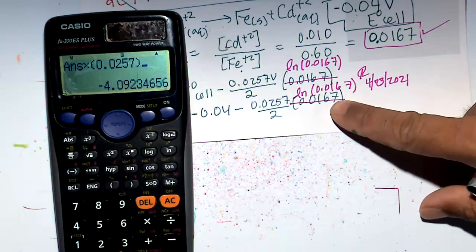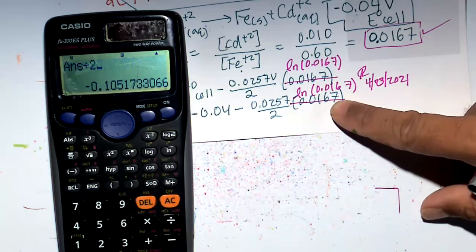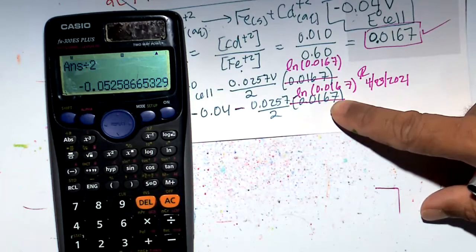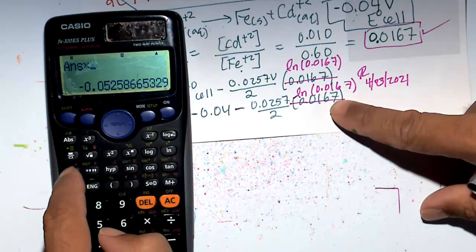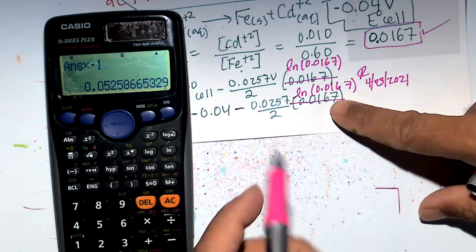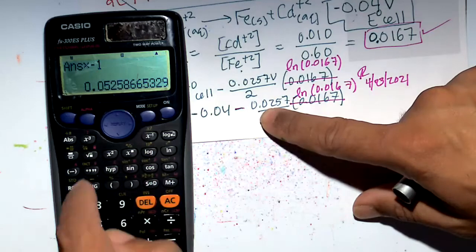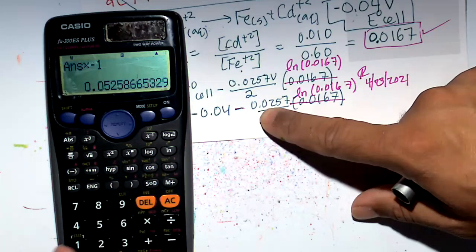I'll close those parentheses, divided by 2. But you see I have a minus sign here. So minus into a minus becomes plus. So this becomes minus into a minus is plus a minus, plus into minus is minus, plus a minus 0.04.